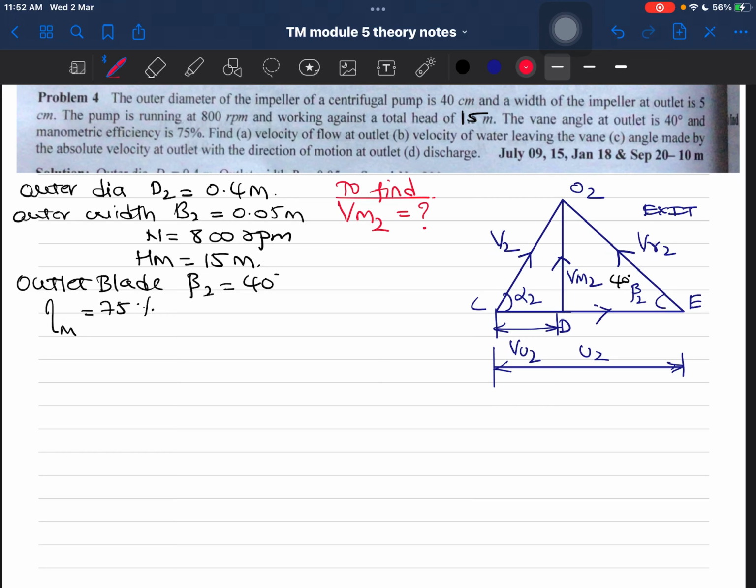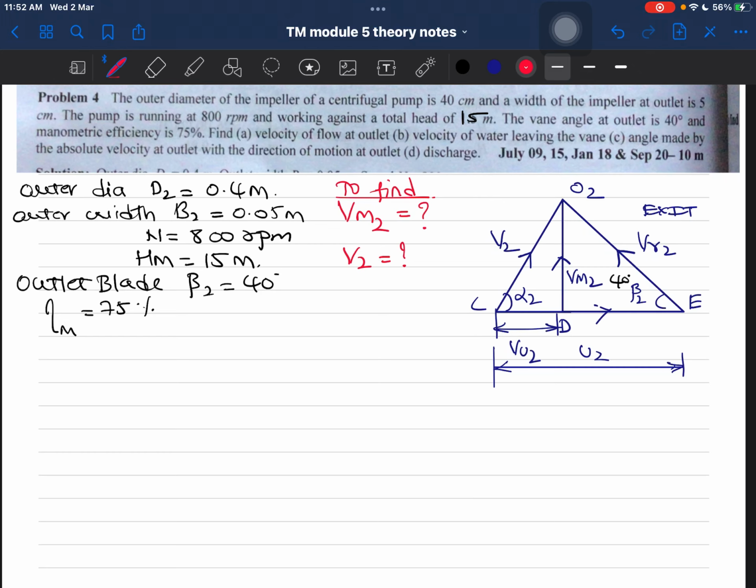Next. Second one is the velocity of water leaving the vane. The velocity of the water leaving the vane is nothing but the absolute velocity at the outlet, which is V2, that is being questioned. Next, the angle made by the absolute velocity at the outlet with the direction of motion.